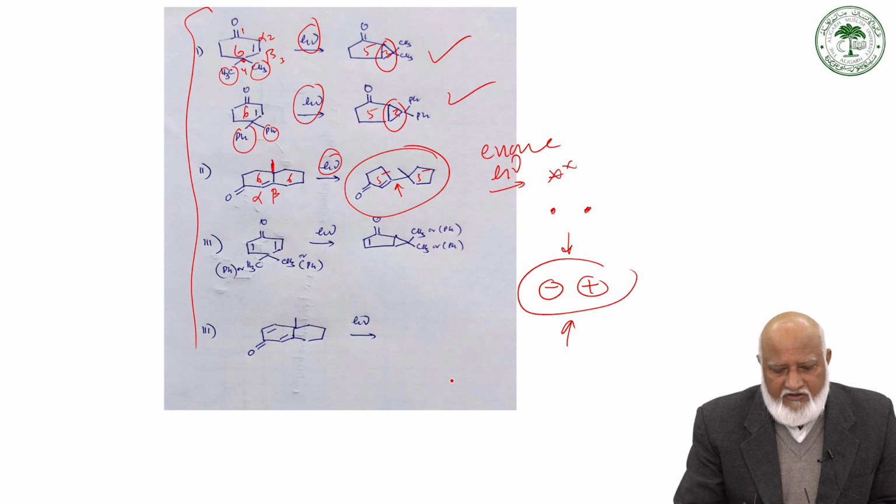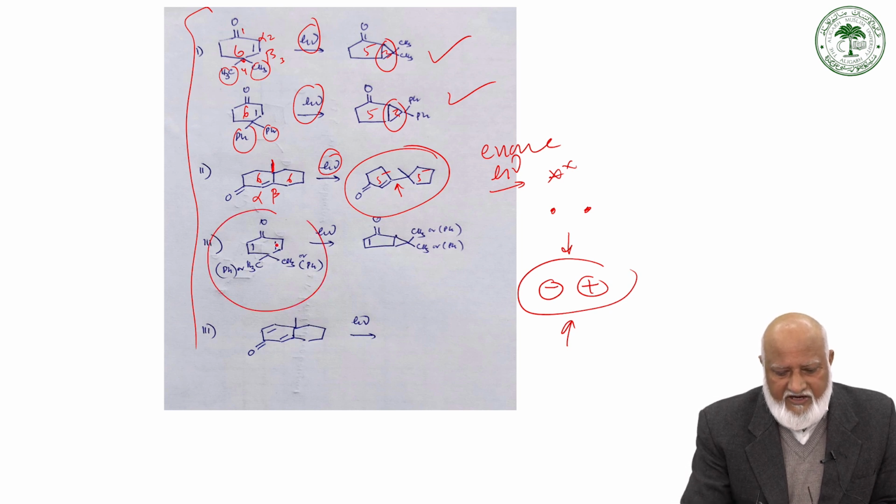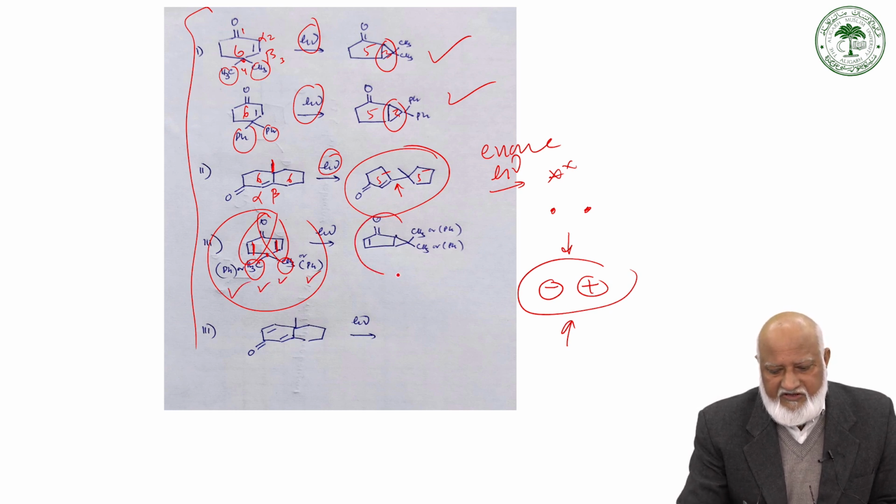We have also looked into an example of cyclohexadienone, where we have a cross conjugation, and the 4 position of the 6-membered ring is either dialkyl substituted or diphenyl substituted. It undergoes a similar rearrangement as we have observed in these 2 cases, with the additional double bond, because you have here a hexadienone.